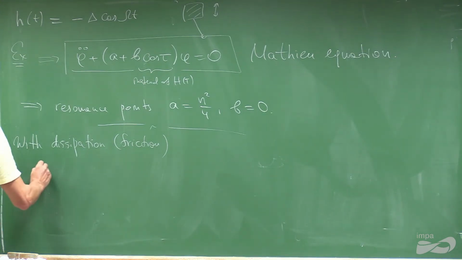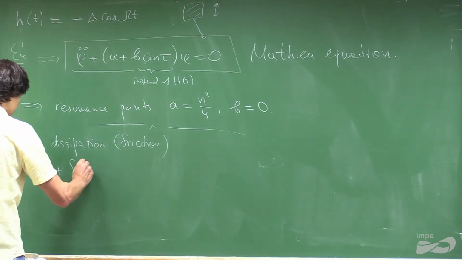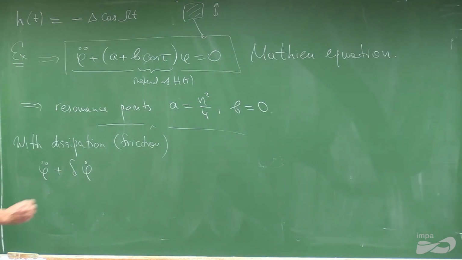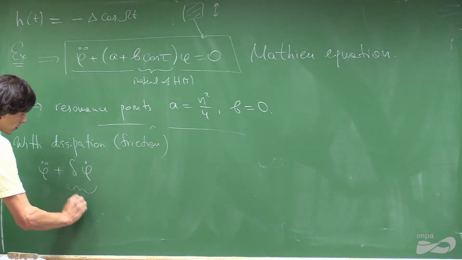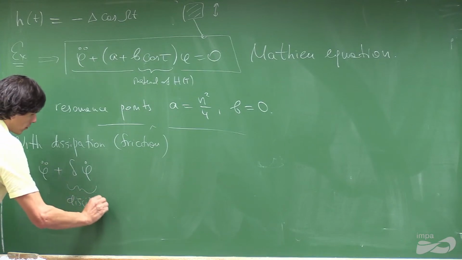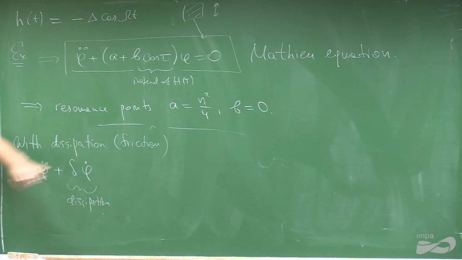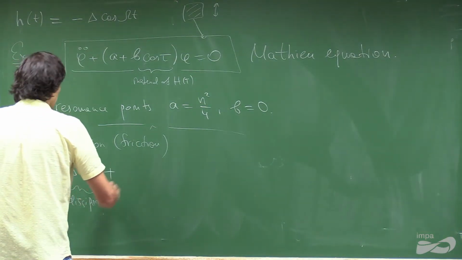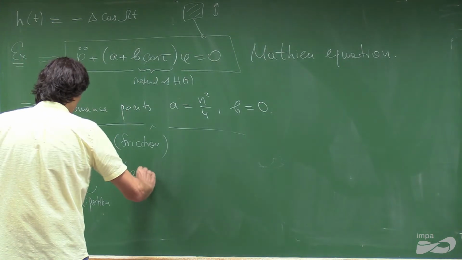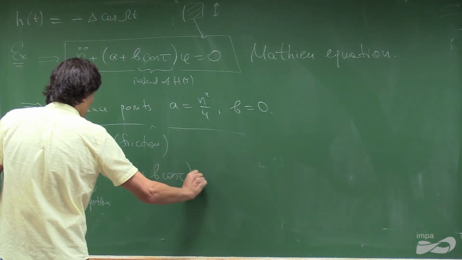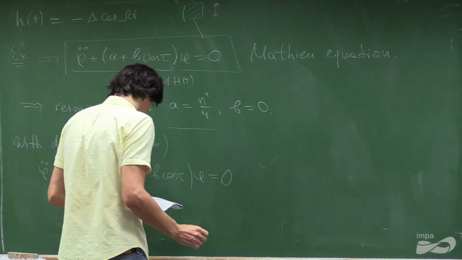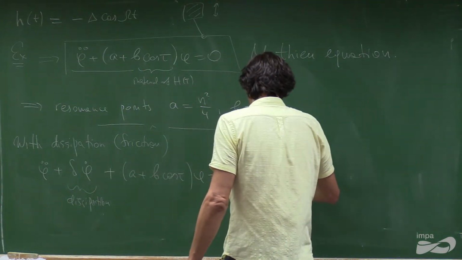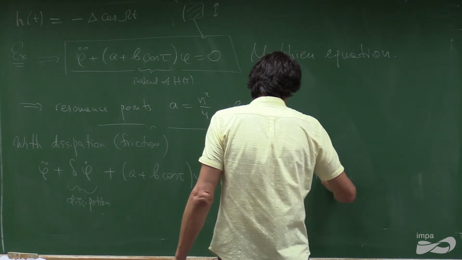So the equation becomes phi double dot plus this dissipative term, which is always a term modeling dissipation in our systems, plus the rest. So this is the damped Mathieu equation.